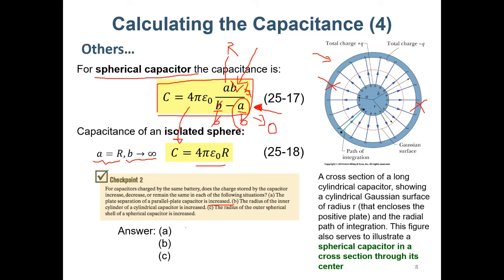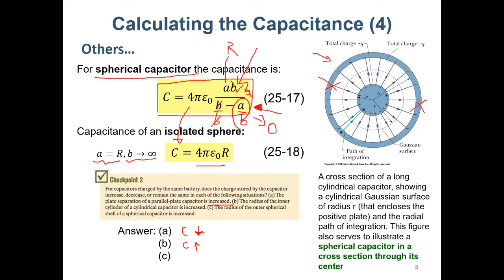So this C will become smaller, and this is true for any structure. If you make the separation larger, then the capacitance will be smaller. And if the radius of the inner cylinder of a cylindrical capacitor is increased, then the C will become larger, which means that it will be closer to the outer cylinder.